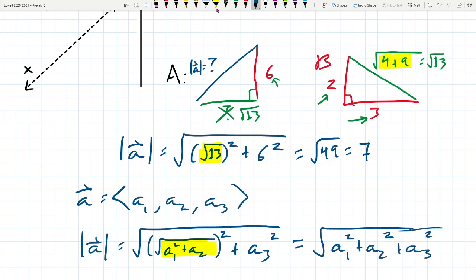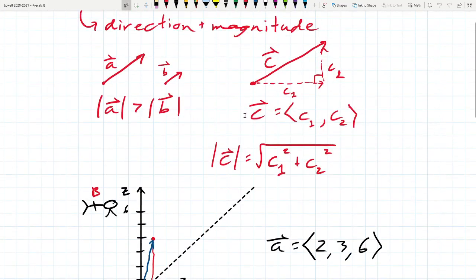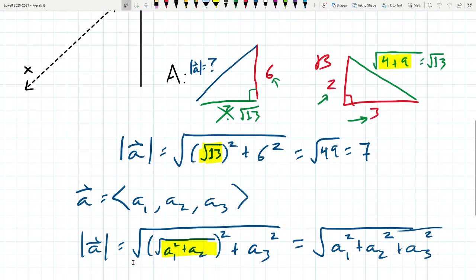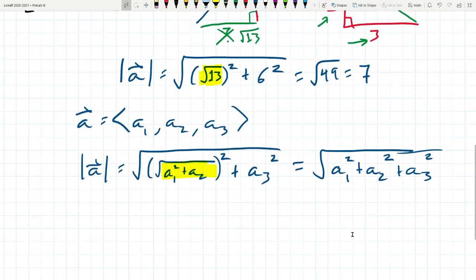Now you might be noticing, okay, so when I take a two-dimensional vector, I just square each of the components, add them up, and then take the square root. When there's three components, I just do the exact same thing with all three components now. Now, we're kind of going beyond the scope of this course, but technically speaking, a vector could have as many components as you want.